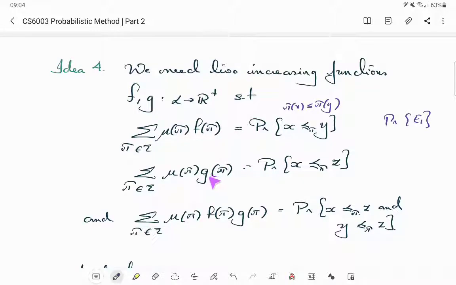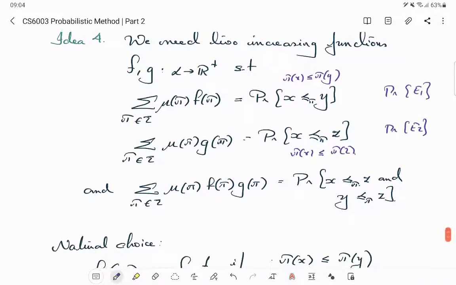Similarly, I want g to be defined in such a way that the expectation of g turns out to be the probability of E2, or pi of x less than or equal to pi of z. And thirdly, we want the correlation or the joint expectation of the product fg to be equal to the probability of E1 intersection E2.